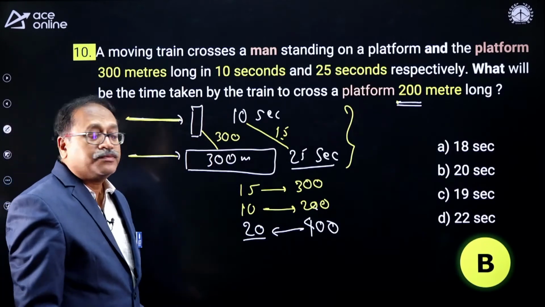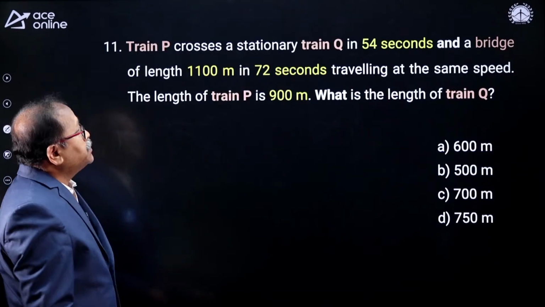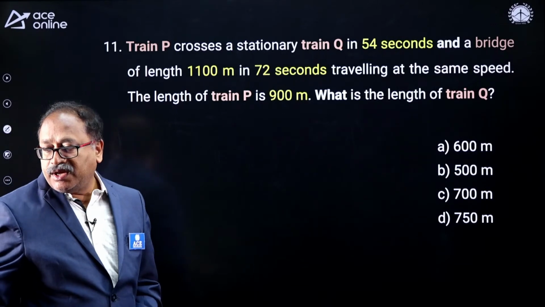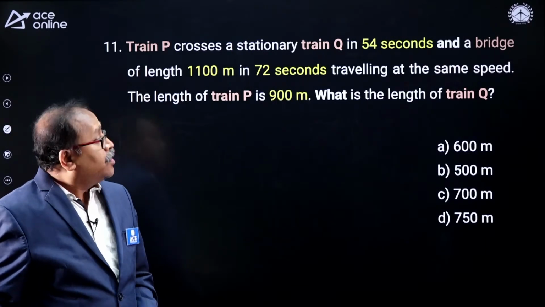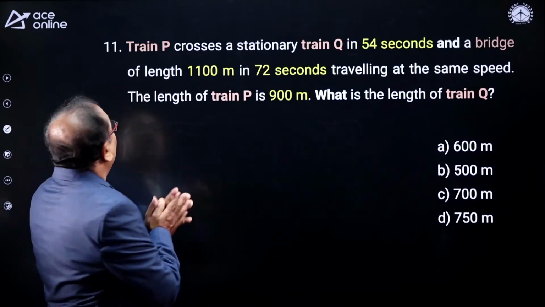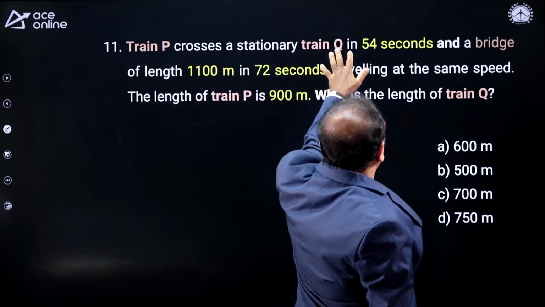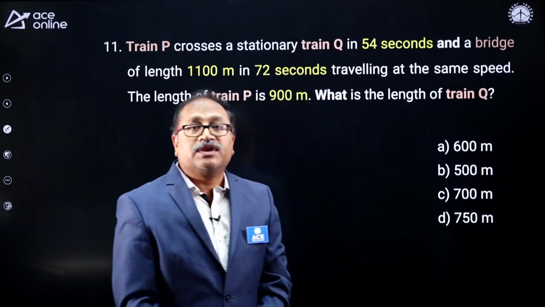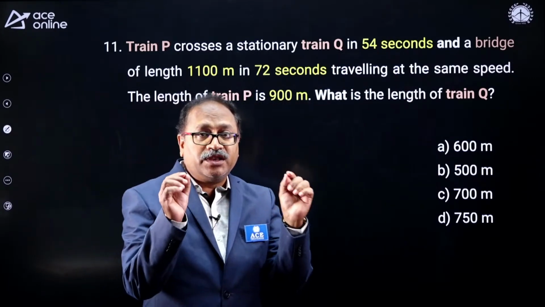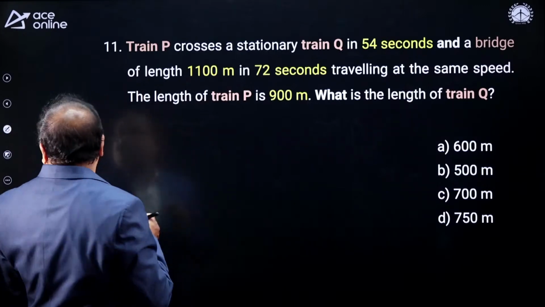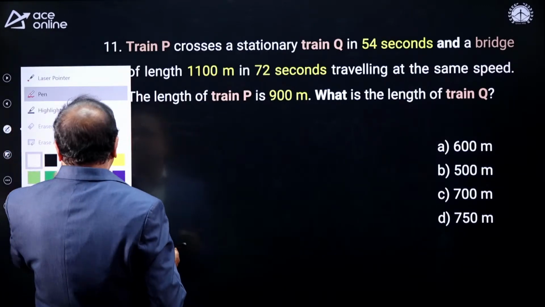Coming to the next question. Jaya, answer this question. What is the question? Let all of us see together. Train P crosses a stationary train Q in 54 seconds. The story is something like this.